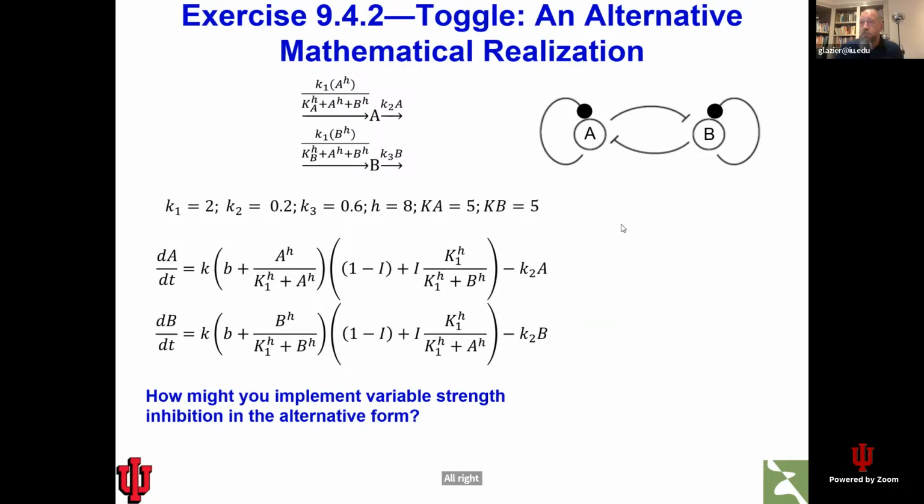So if we look in Herbert's textbook in the homework, you'll see that I combined the A and the B, activator and inhibitor, in a slightly different way.